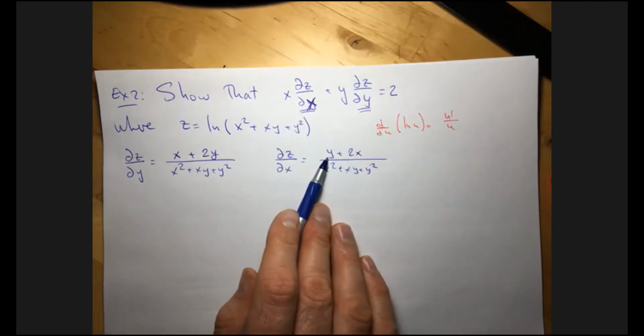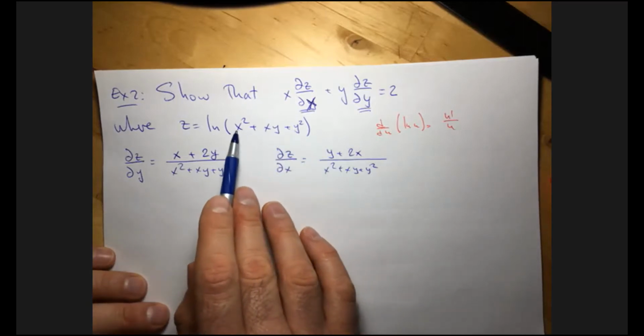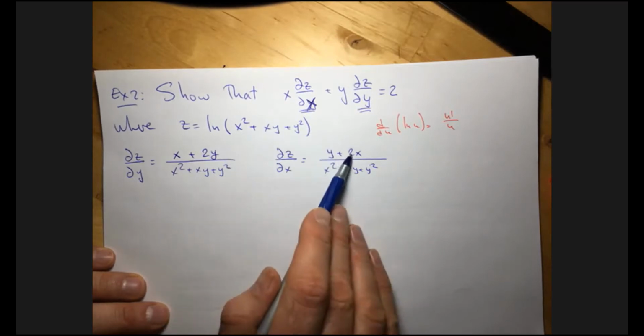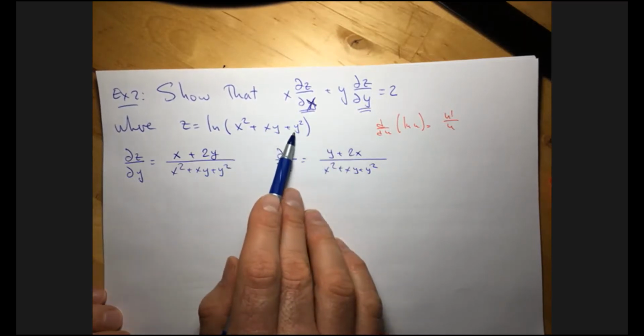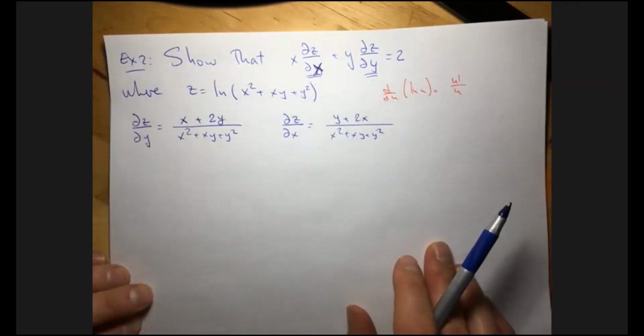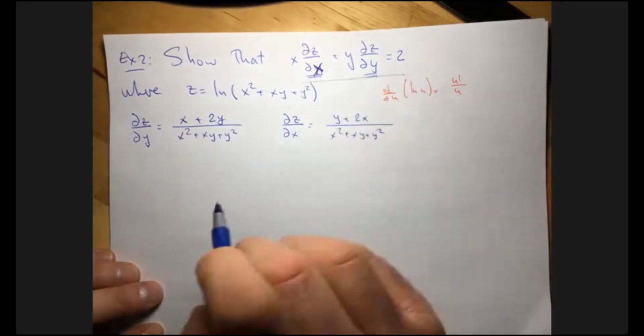And then, of course, you can check this, right? Derivative of x squared with respect to x is 2x. Derivative of xy with respect to x is just y. Derivative of y squared with respect to x is 0. Okay, and now all you have to do is show this equality.